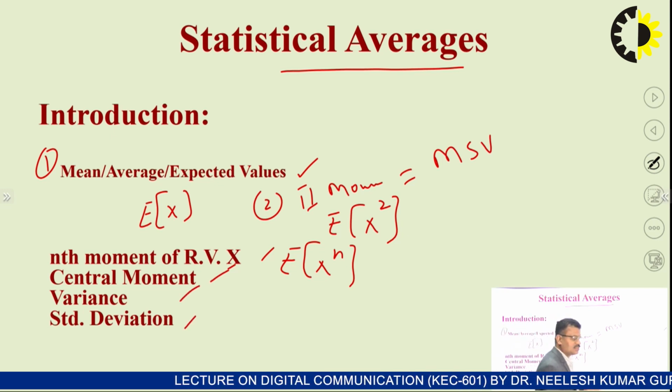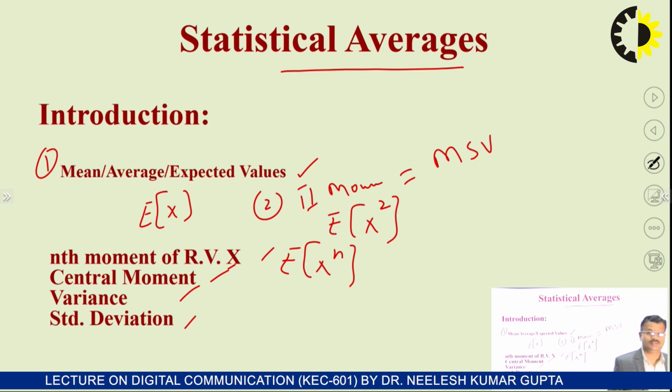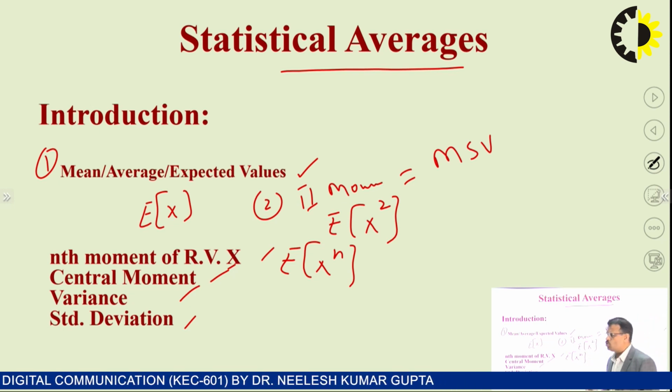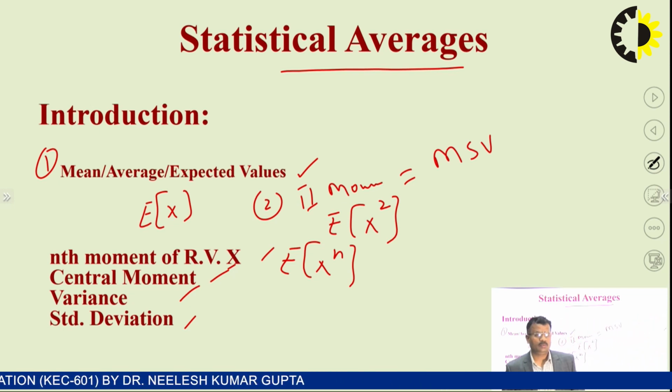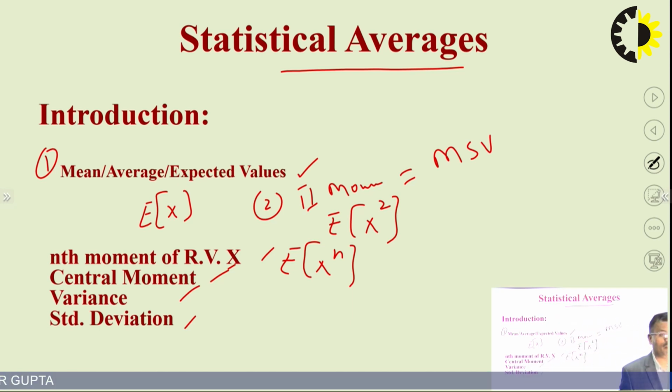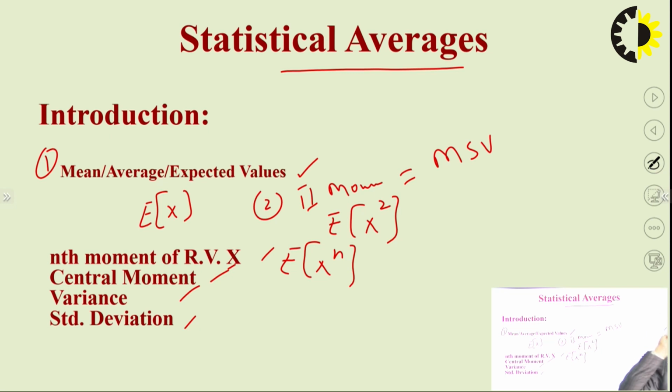So these are some characteristics or statistical values of a random variable by which you can represent your random variable more efficiently in terms of its mean, average, expected value. These are the same: mean, average, expected value are one. Mean you can also call average or expected value.